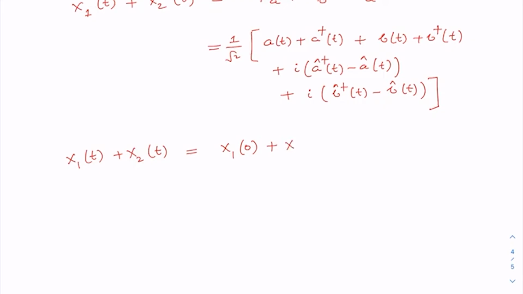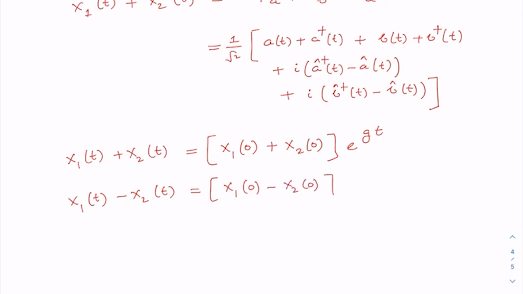For the other case, the difference would be equal to x1 of 0 minus x2 of 0 times e to the power minus zt.